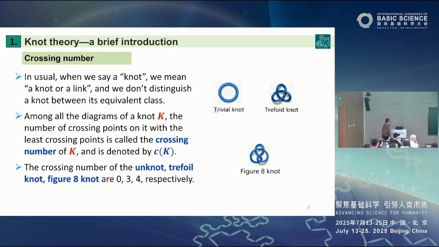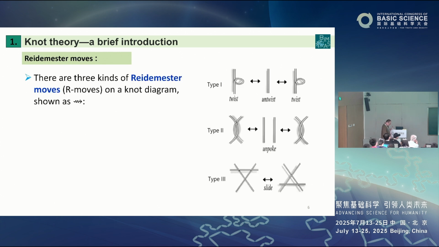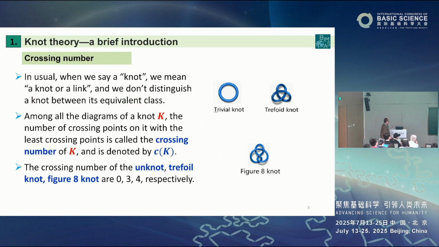Usually, when we say a knot, we mean a knot or a link, and we don't distinguish a knot from its equivalence class.